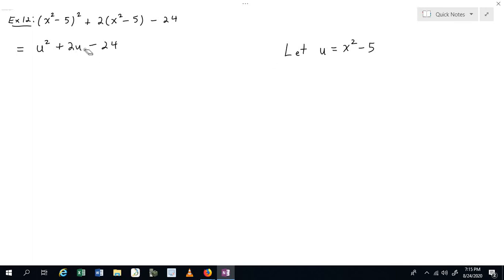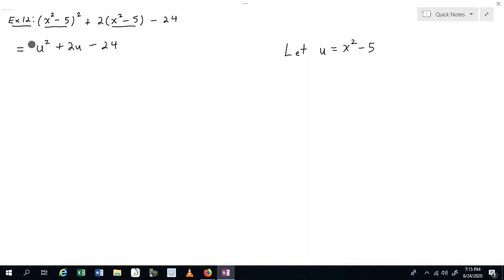By calling x squared minus 5 u, when I substitute that in, I end up with this trinomial in terms of u. Now that it's a trinomial, I can focus on just factoring it, and then when I'm done factoring the trinomial, I'll go back and substitute u back in.